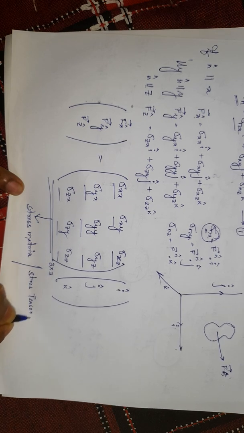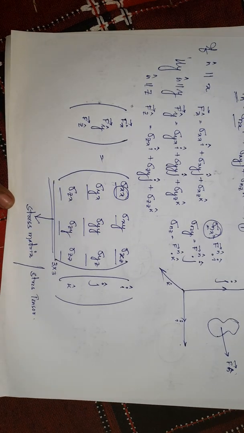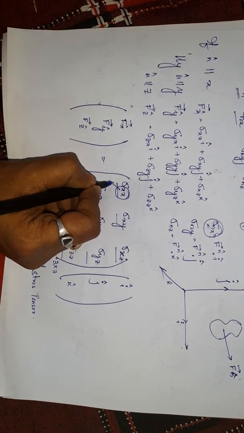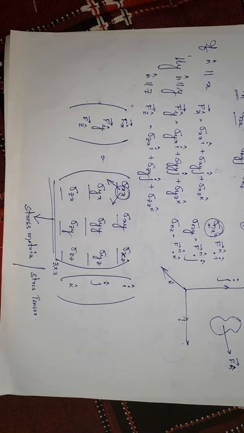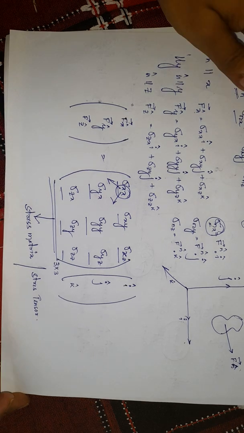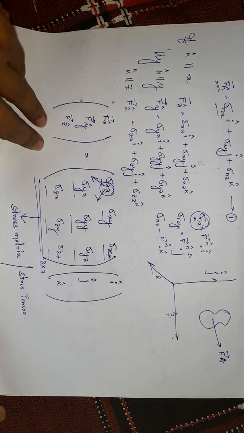And you see, two directions are associated with this. The first suffix represents the direction of the unit normal. The second one is related to the force. So the stress vector is clear, the stress tensor is clear, and the stress matrix is clear.